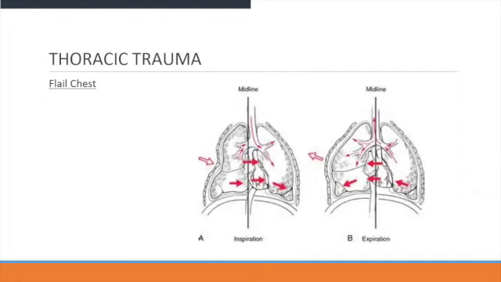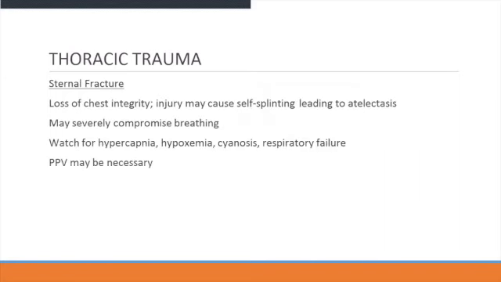During inspiration, whenever you're trying to suck the air in, it's going to suck in that section of the chest because of the instability. Whenever you're trying to exhale, it pushes that section outwards, and it causes the chest to be way too pliable to allow good ventilation.